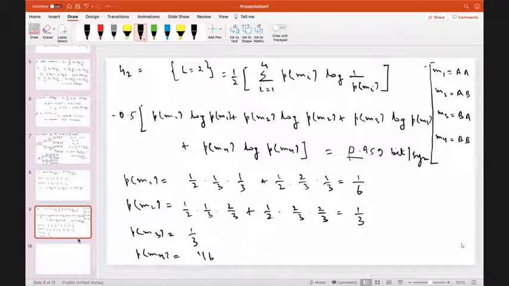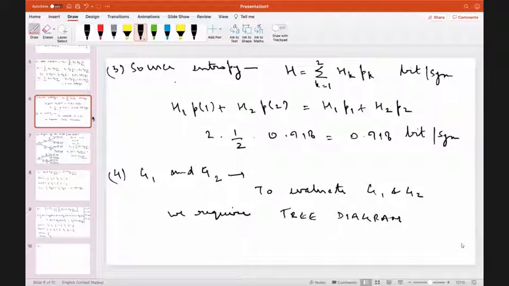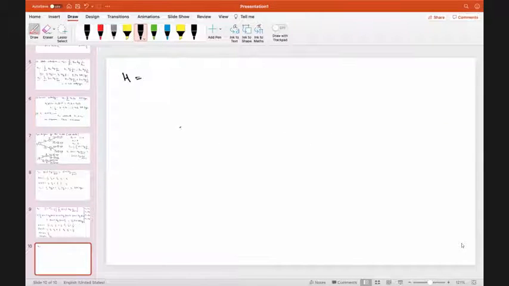Okay, so now you can clearly see. Let me just write all the values. So your H was what? H was 0.918 bit per symbol. Okay.